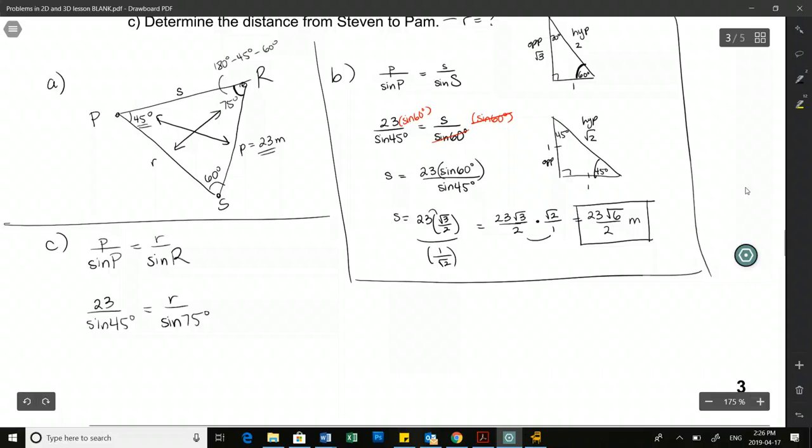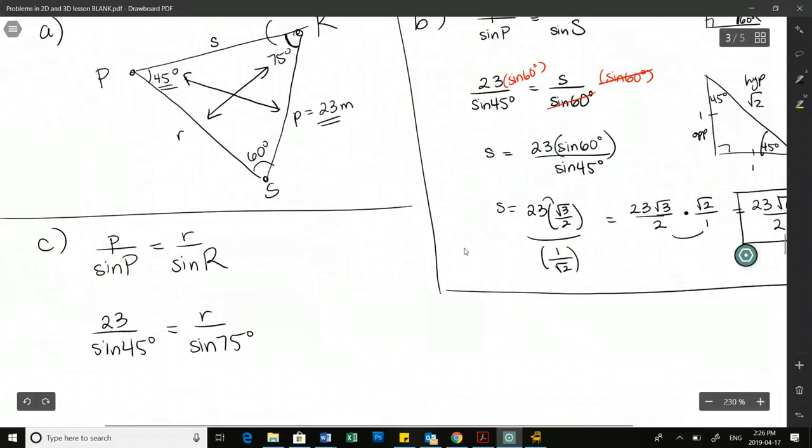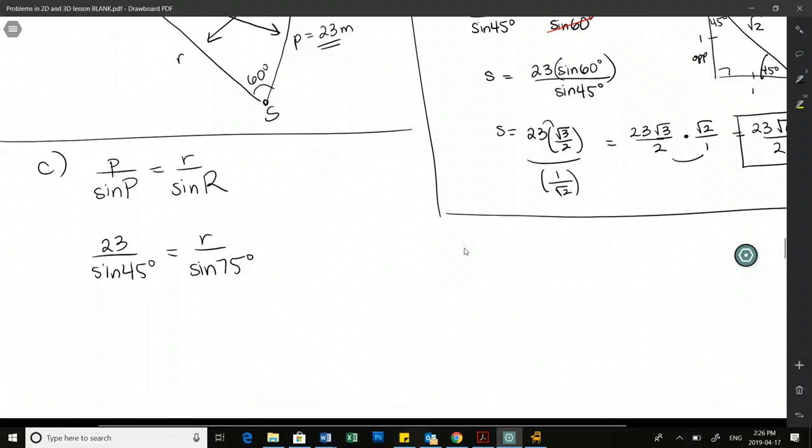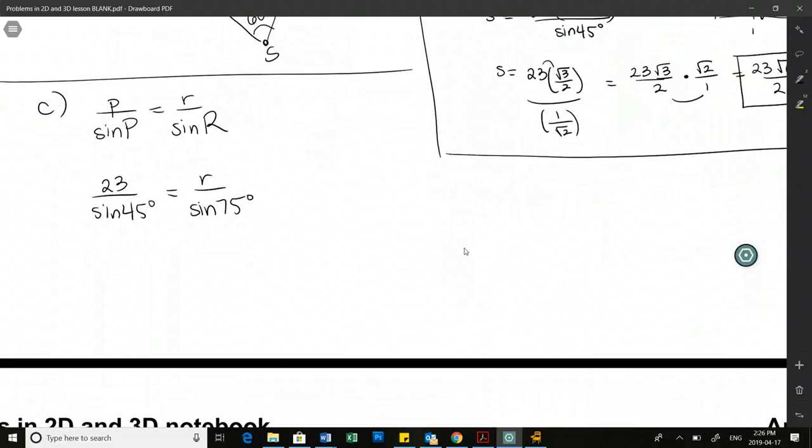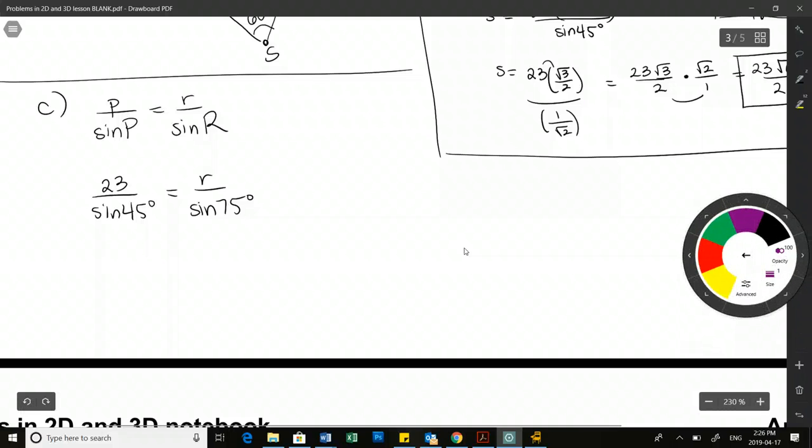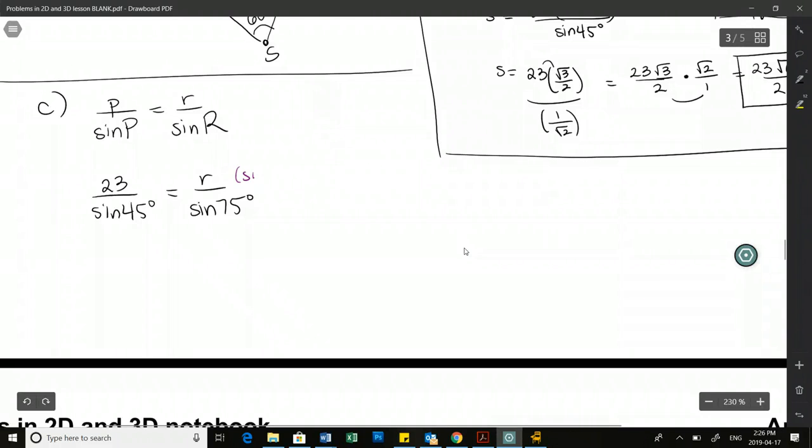This one doesn't ask me for an exact value because I can't get an exact value when I have the sine of 75. So that is partially the reason why we must use a rounded number here. So sine 75, we're going to multiply that up to get the r by itself. And these will cancel.